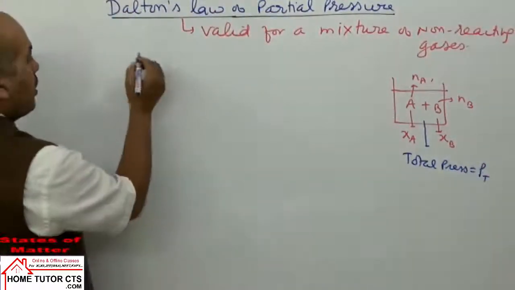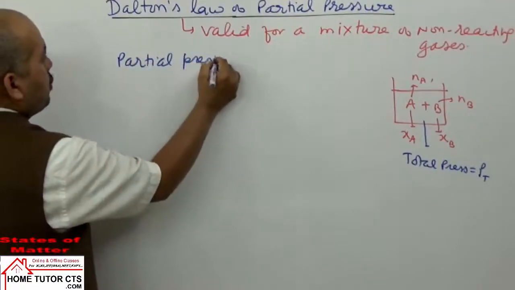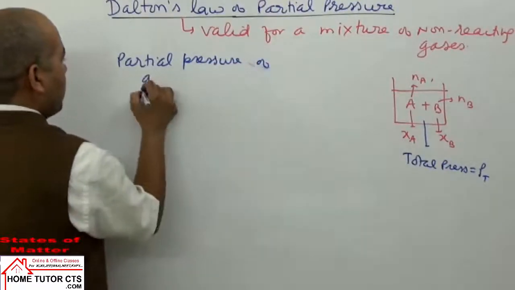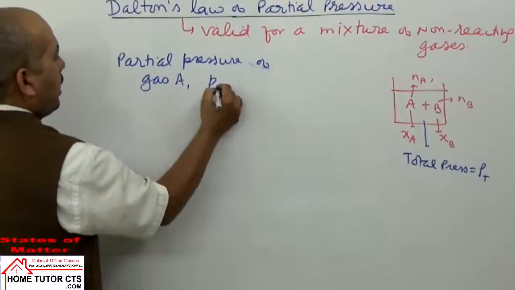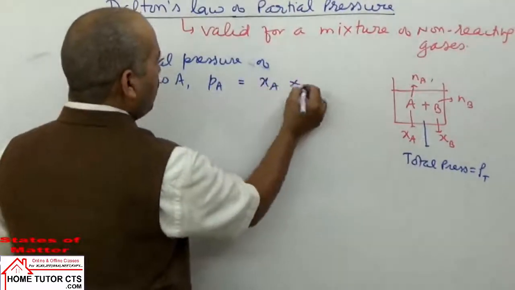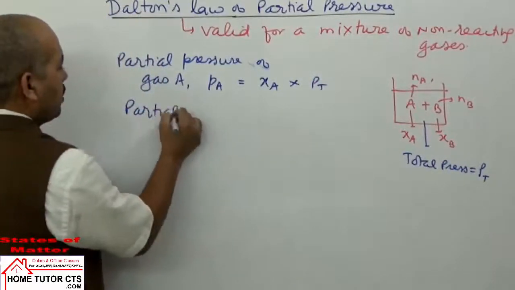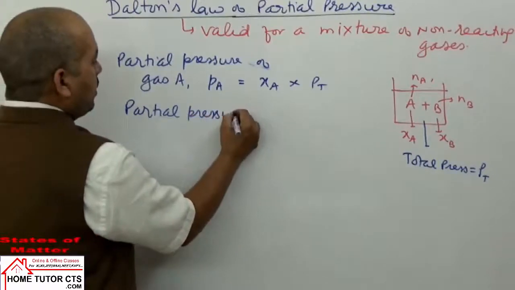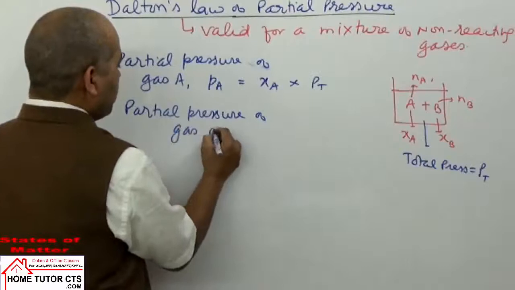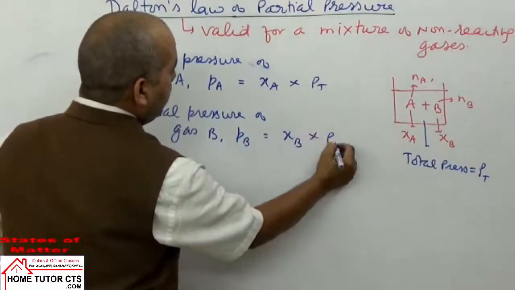Then for gas A, what is the partial pressure? We can write PA is equal to the mole fraction of A into total pressure, and the partial pressure of gas B, PB, is equal to the mole fraction of gas B into total pressure.